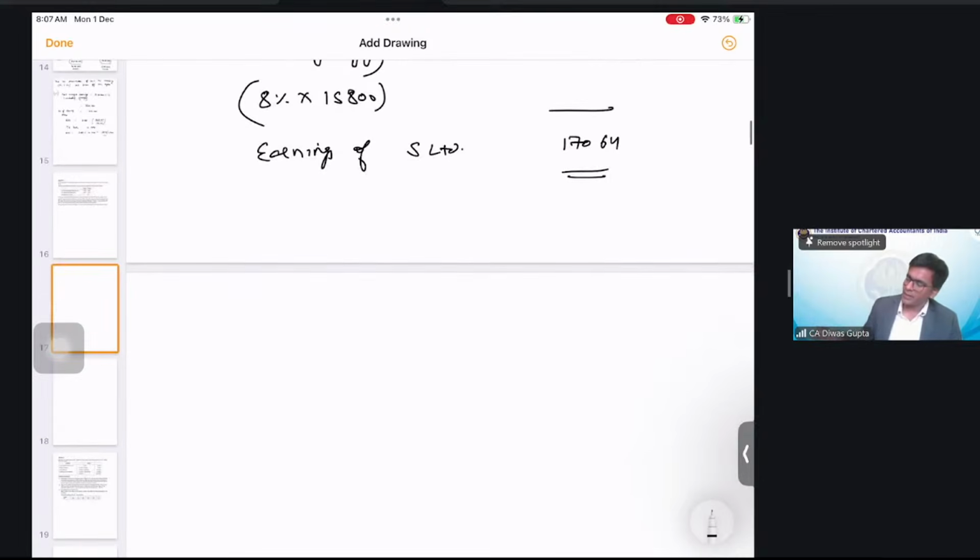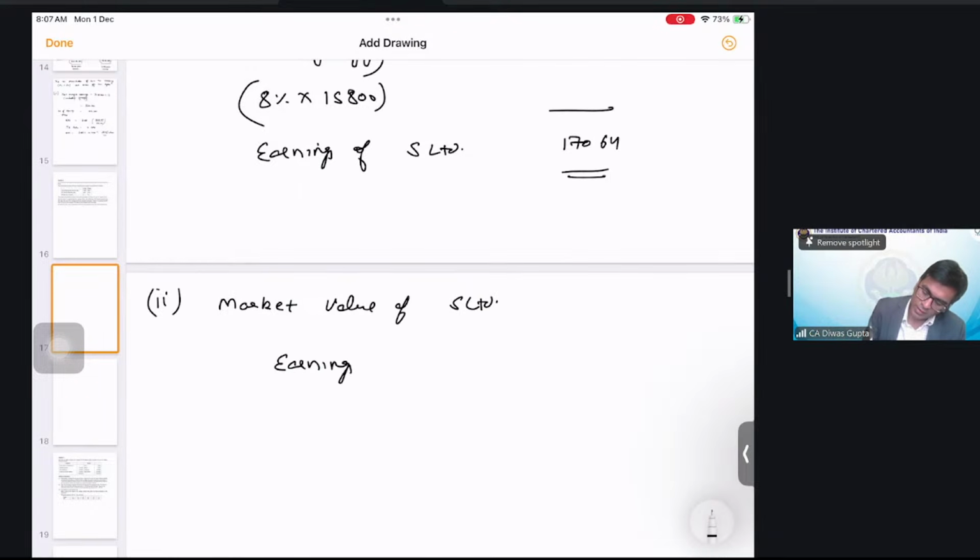Now the second part is to calculate the market value of S Limited post merger. S Limited is the new company. So the market value of S Limited is earnings multiplied by the P/E ratio, right?